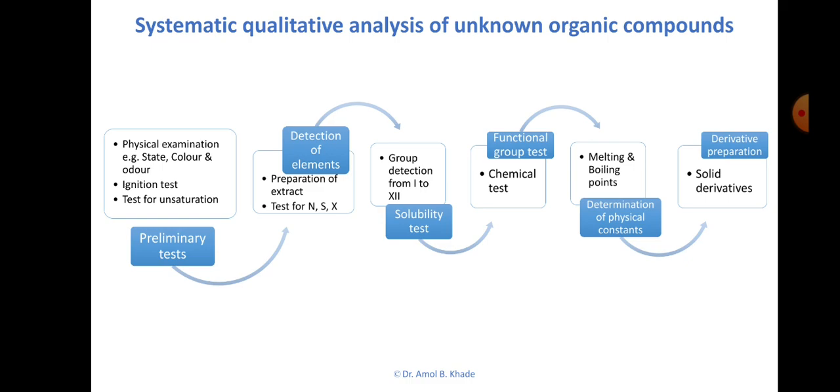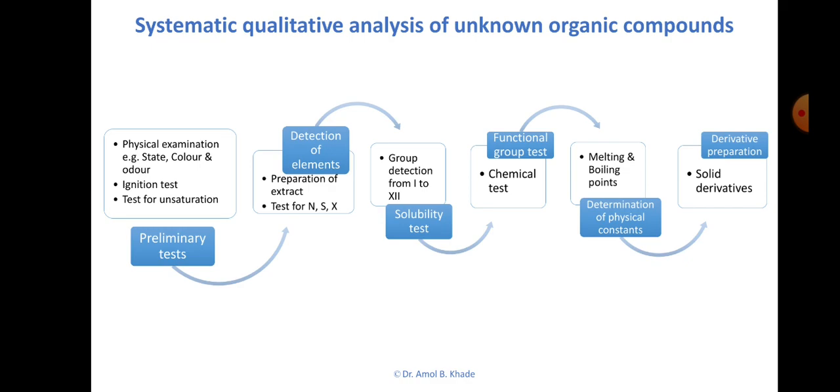After doing the preliminary test we can perform the detection of elements. We have seen that in most organic compounds carbon, hydrogen and oxygen are present as the core elements. Additionally, in some compounds we have the auxiliary or secondary elements like nitrogen, sulfur and halogens. So that is the detection of elements.